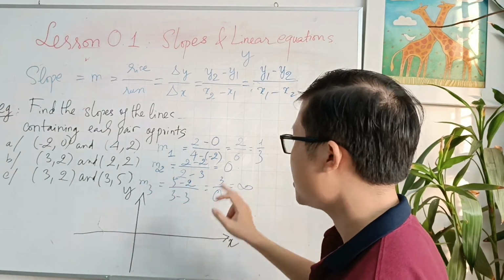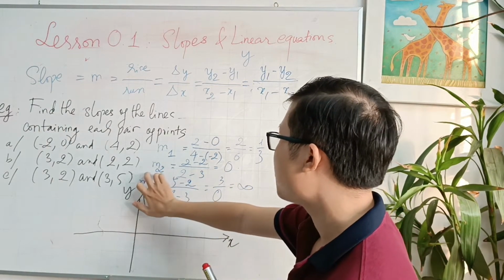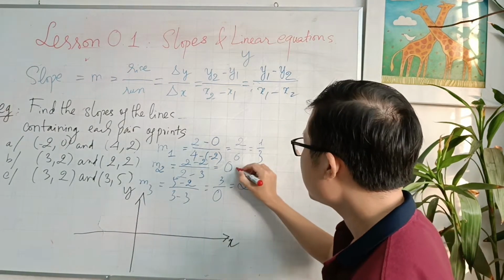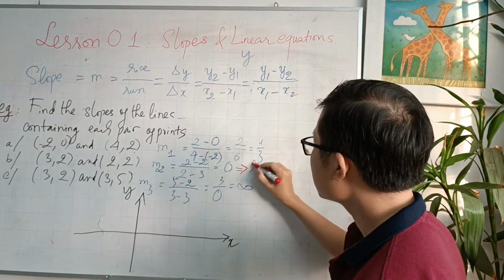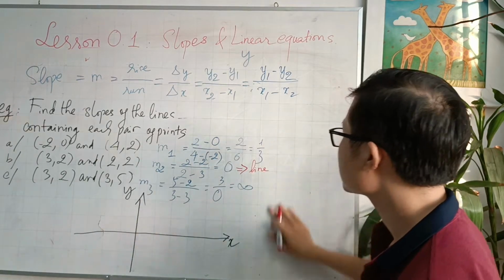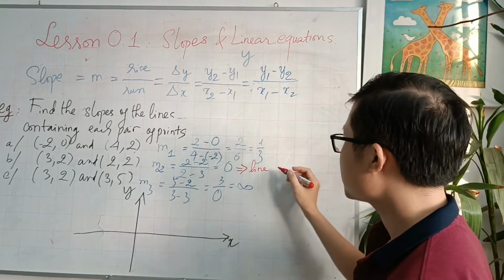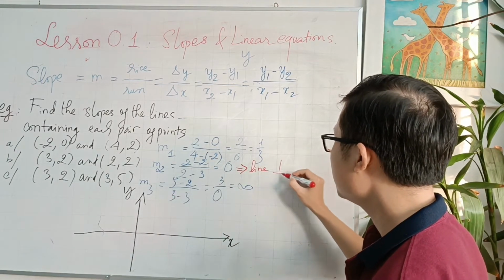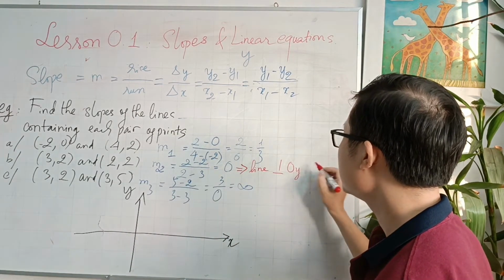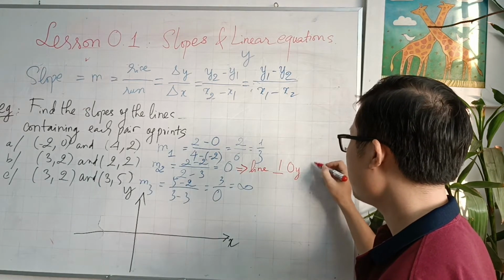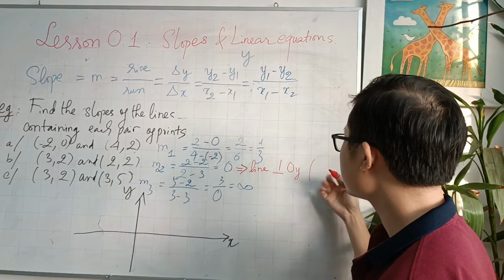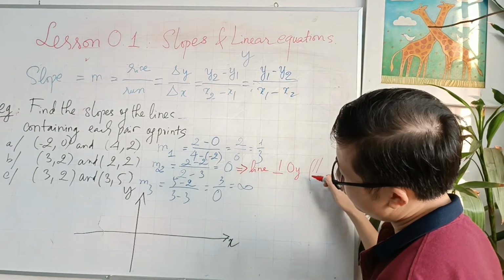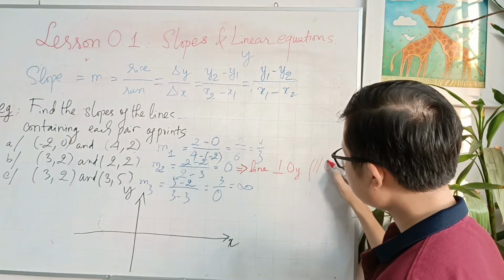M2 equals 0 when the slope is 0. We have a line which is perpendicular to OY, which means that it's parallel to the x-axis.